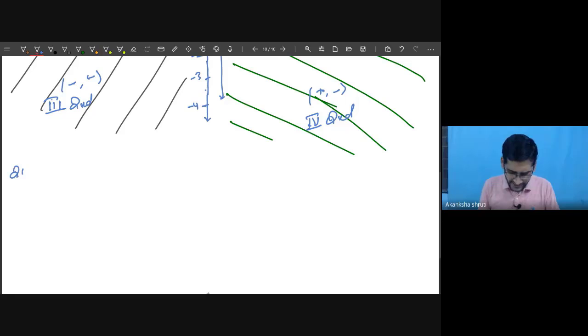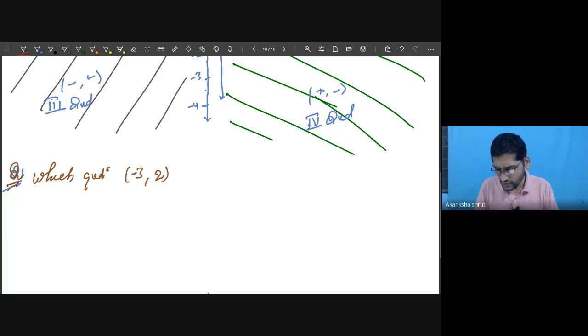The question may be asked like this: in which quadrant does this point, say (-3, 2), lie, and also plot it. So two things are asked.